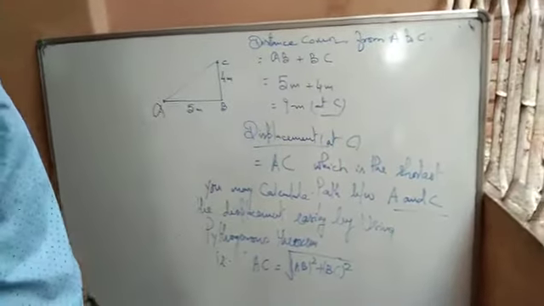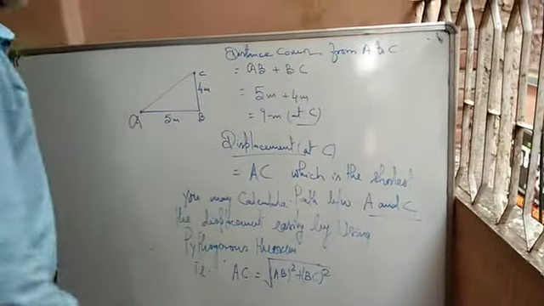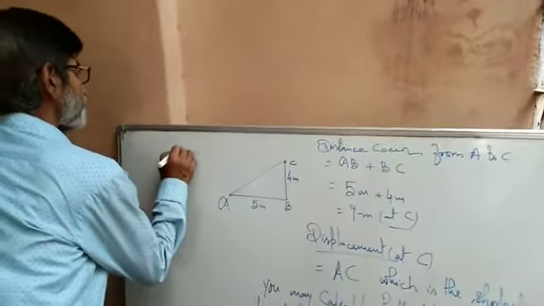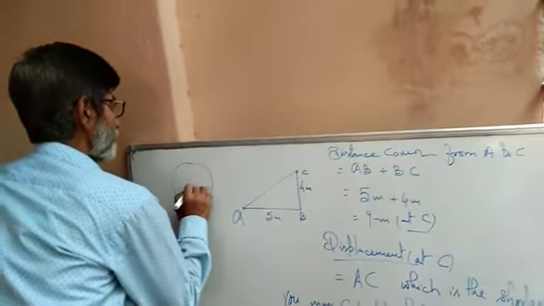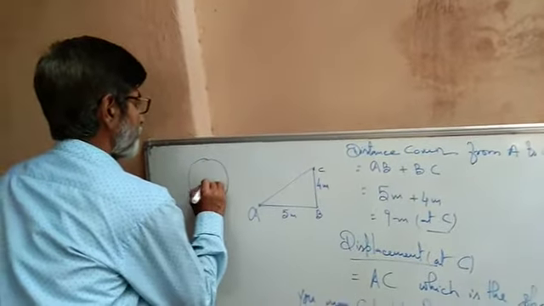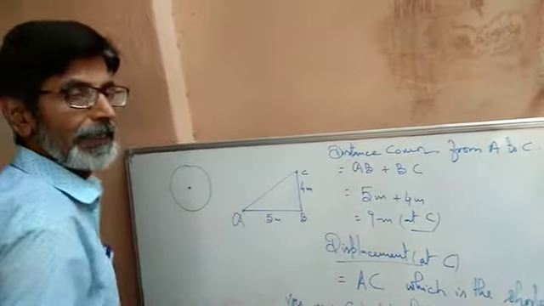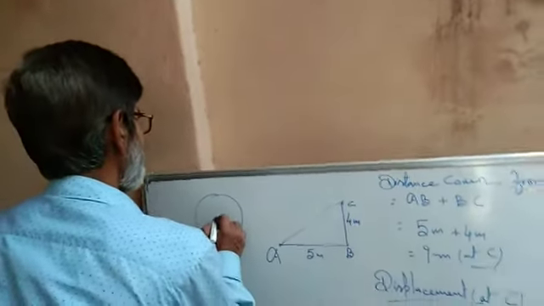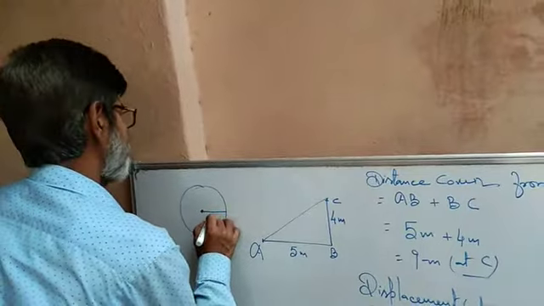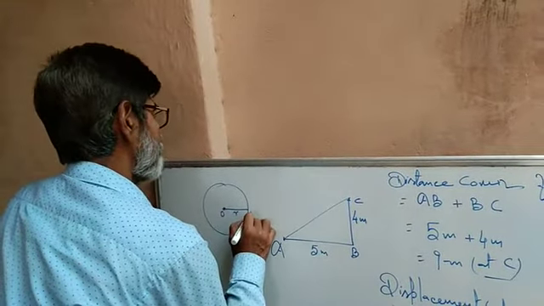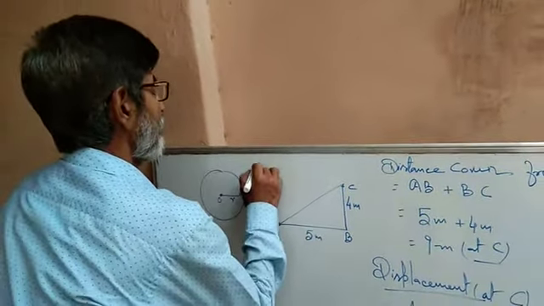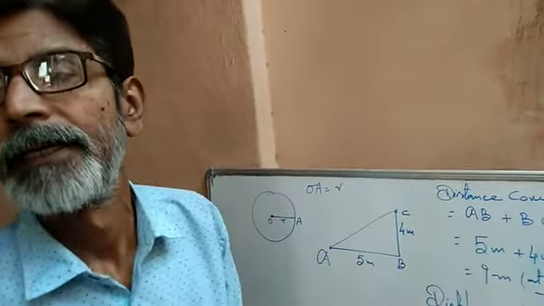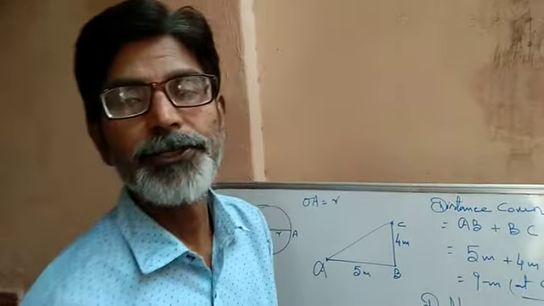Suppose you are moving on a circular track. When a person is moving on a circular track of any radius, suppose its radius is r, OA is the radius of the circle, denoted by a small r.